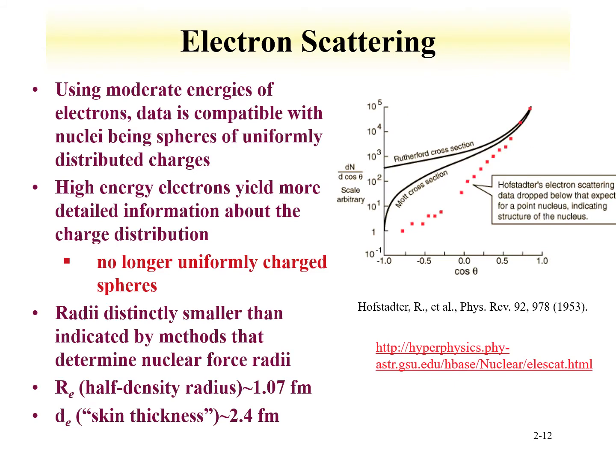As we alluded to on the previous slide, electrons can also be used for determining information about the nucleus. At moderate energies, data is fundamentally comparable to nuclei being spheres and uniformly charged. At high energies, more information comes out that shows that the nucleus has properties indicating that it's no longer a uniformly charged sphere. An example of that data is shown here, the reference provided here.